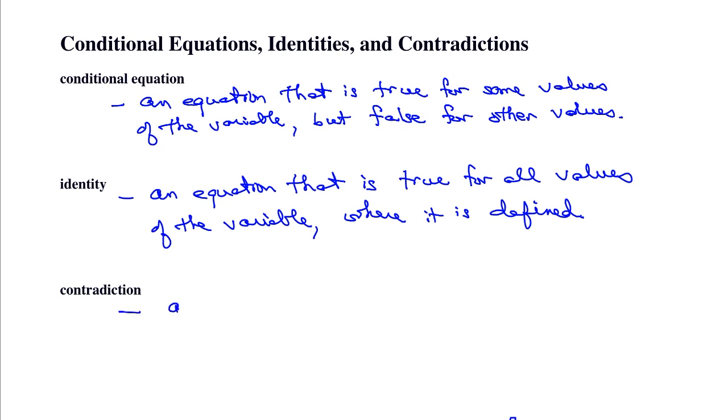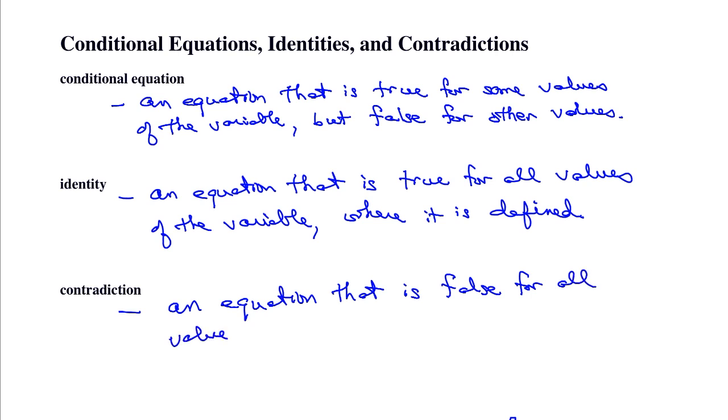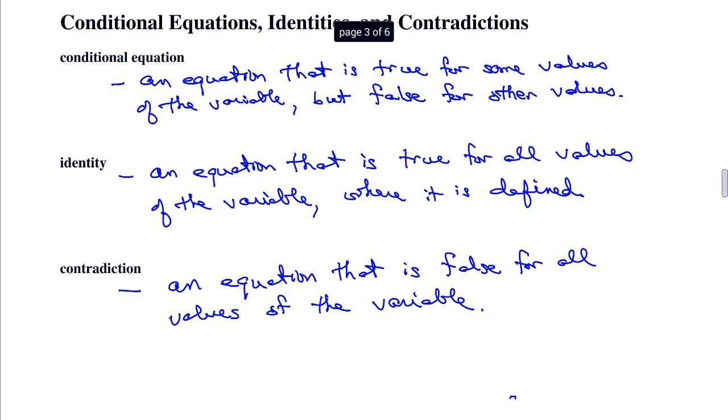And a contradiction is an equation that is false for all values of the variable. Let's look at some examples of conditional equations, identities, and contradictions. Next page.